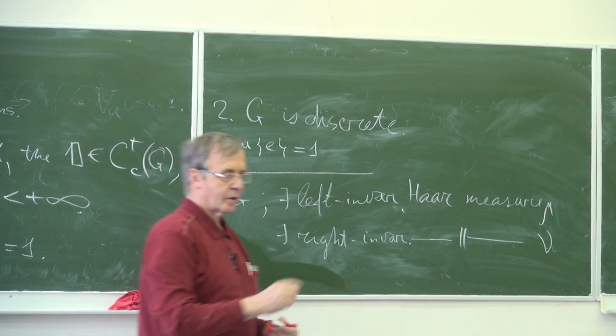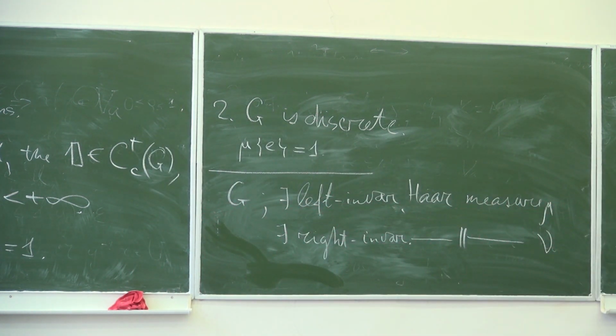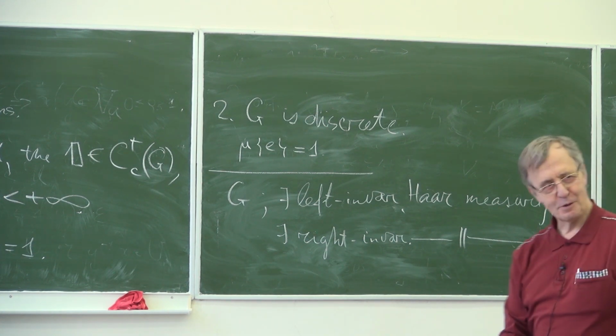Why? Because you can consider what is called the dual group. That is the same group, but where you reverse the order in multiplication. And then everything which was right invariant becomes left invariant. The left invariant measure exists. Then you again consider the dual of the dual.